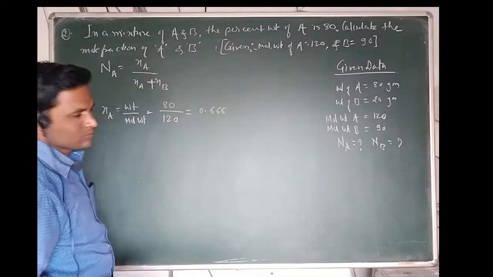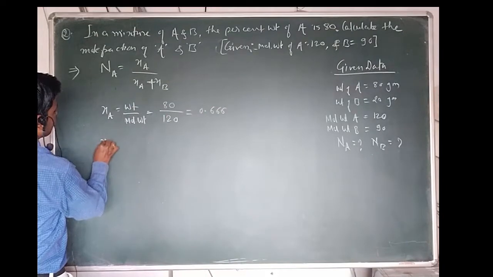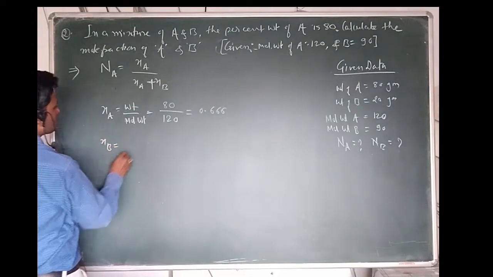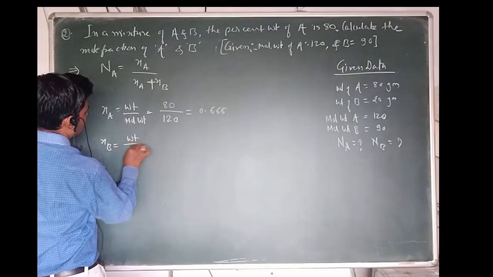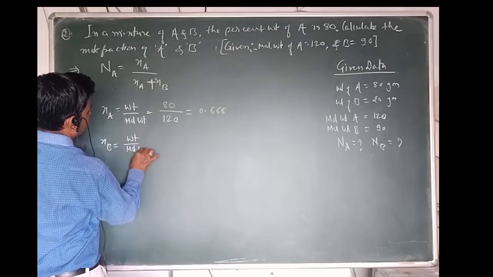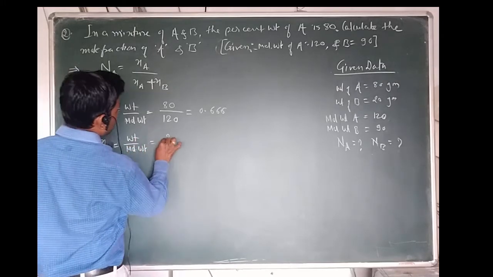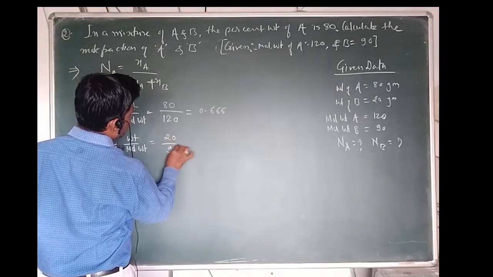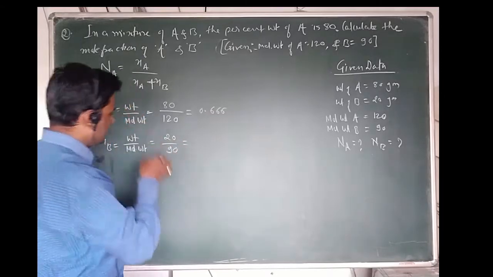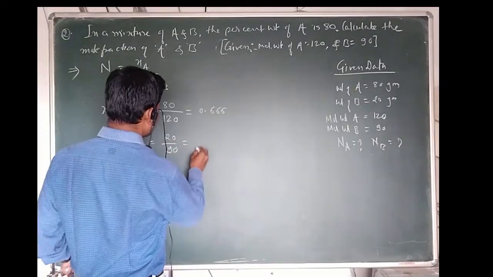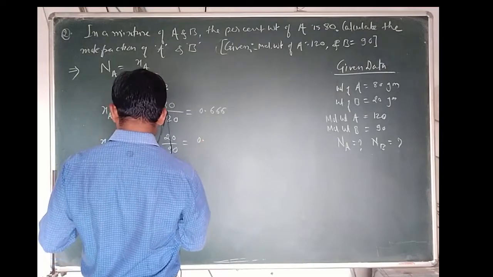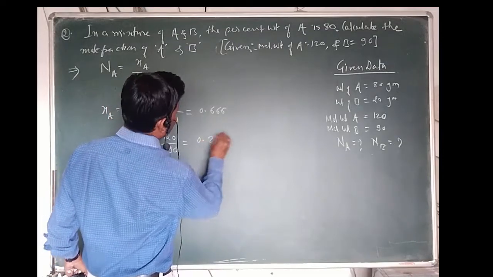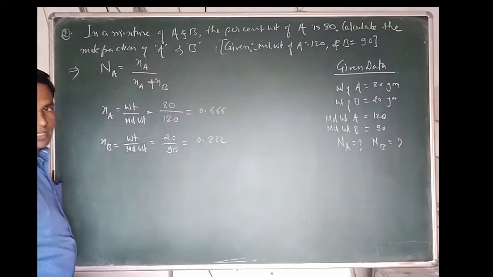This is the number of moles of A. Likewise, the number of moles of B equals weight upon molecular weight, which is 20 upon 90, where 20 is the weight of the B component and 90 is the molecular weight. So you will get 0.222. These are the numbers of moles.